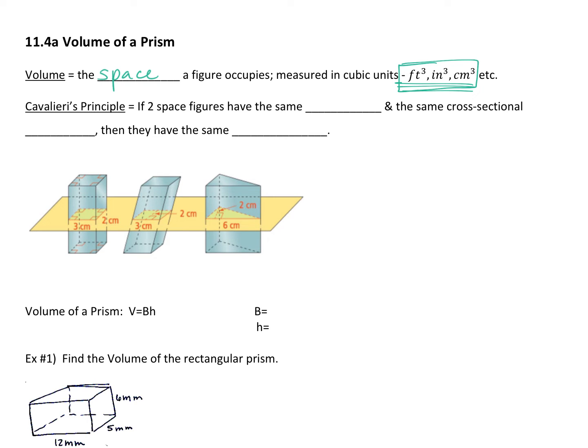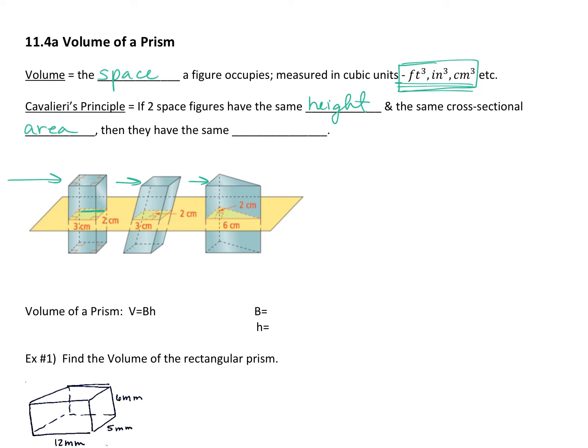Okay, so we're going to start with something called Cavalieri's principle. We don't do a ton with this, but I just want you to have kind of a spatial reasoning, an understanding of what's going on here. So here's what it says. If two space figures, two three-dimensional figures have the same height, like you see here, all of these have the same height, and the same cross-sectional area.